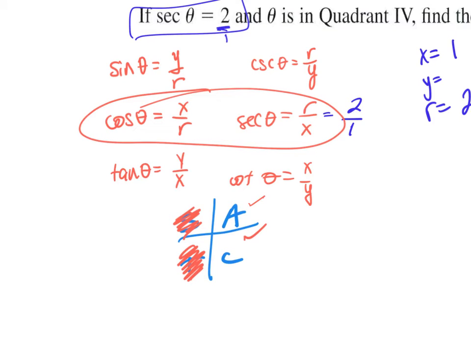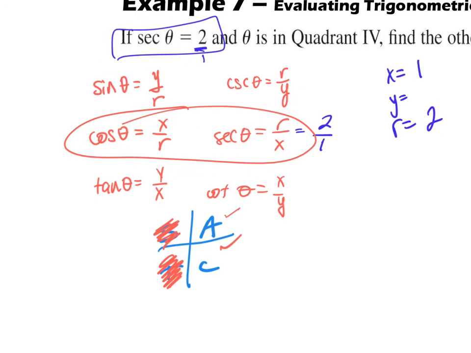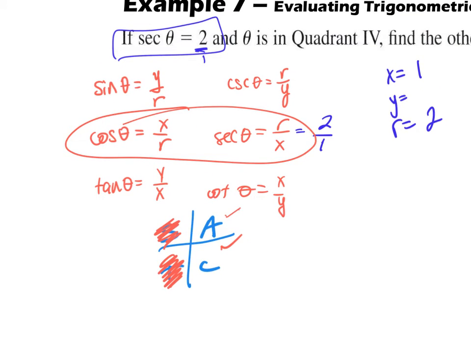The first piece of information will always let you mark off 2 quadrants. The second piece of information is what really helps you narrow it down. They're telling you that the angle is in what quadrant? It's in quadrant 4. So in quadrant 4, what is my x value and what is my y value for signs? If I started here at the origin, how would I get into quadrant 4?